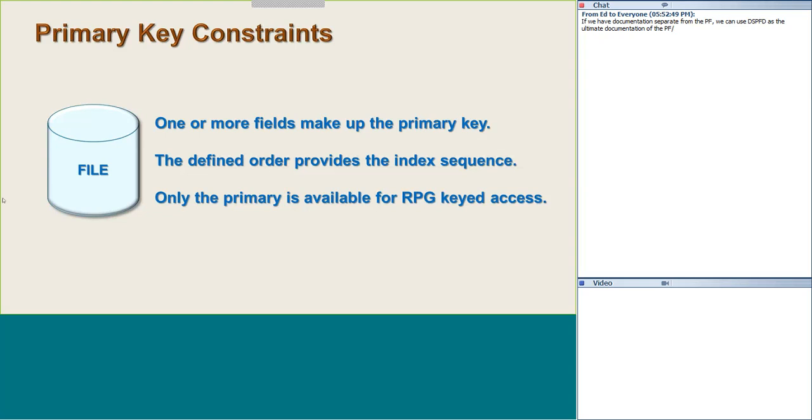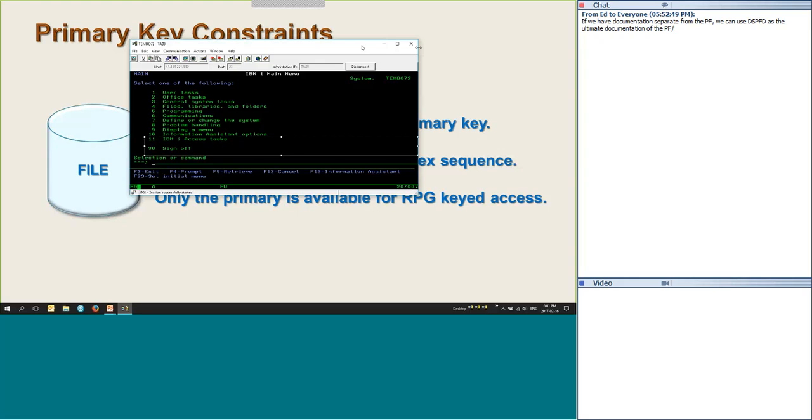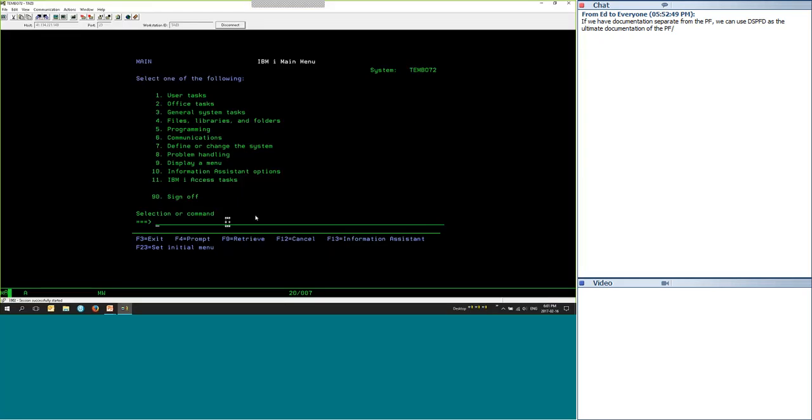So let's have a quick look at what a primary key is defined like. A primary key is a constraint, and you can add it in one of two ways.